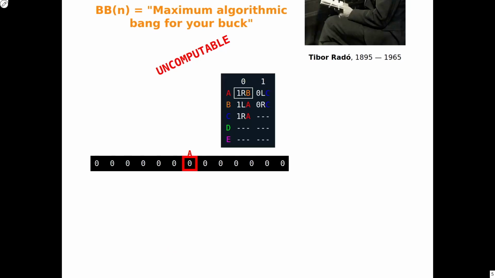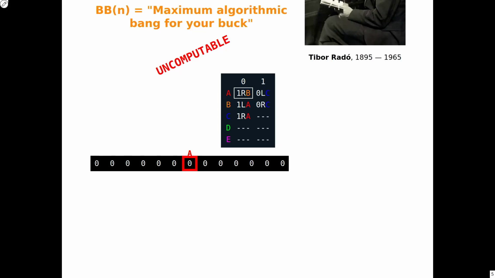Just to be clear, there are many models of what Turing machines are, and this example will show us exactly what we're talking about. We're talking about a Turing machine that has one bi-infinite memory tape.